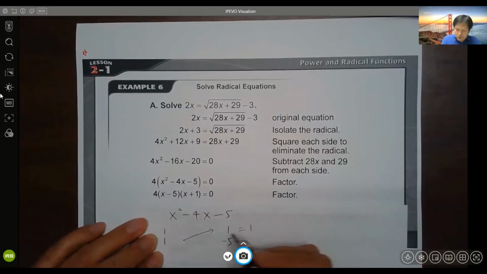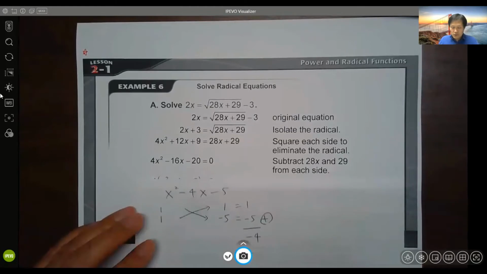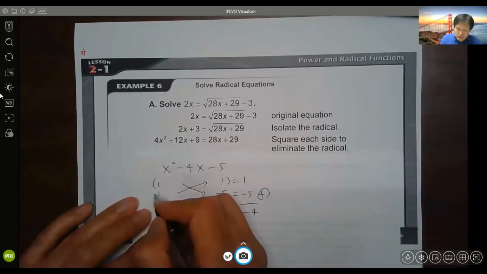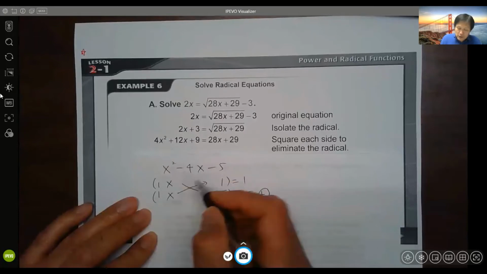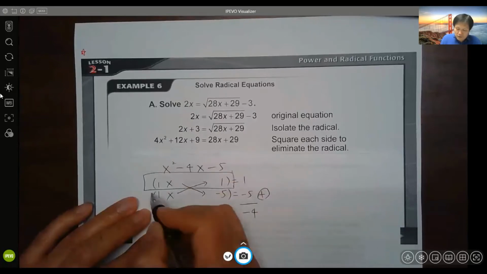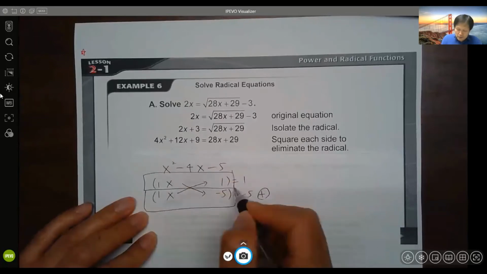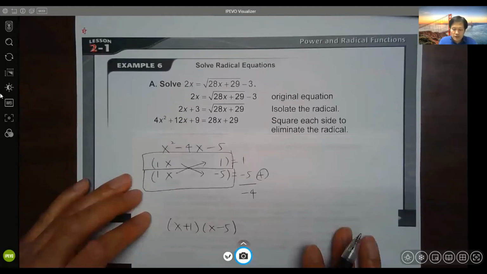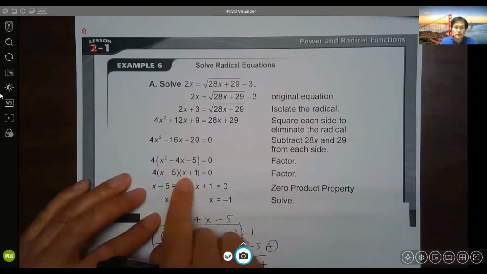Multiply, you get minus 5. Add them, you get minus 4. That is what this is. So you get parentheses here, x and x. Top floor, bottom floor. So x plus 1, x minus 5. Okay? That's how they factor that to this.